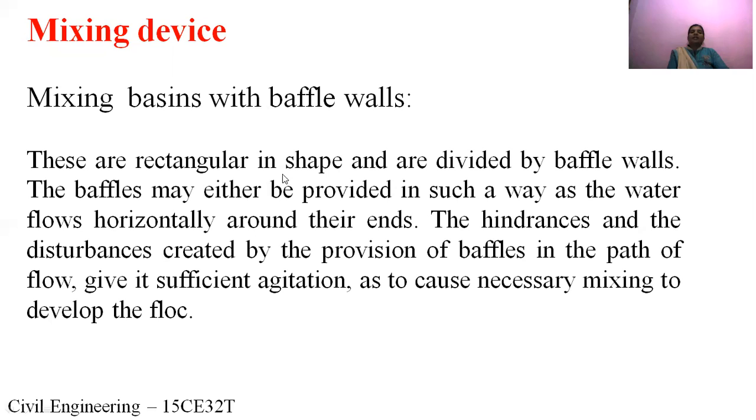These are rectangular in shape and are divided by baffle walls. These baffle walls may be provided in such a way that the water flows horizontally around their ends, from one end to another end.